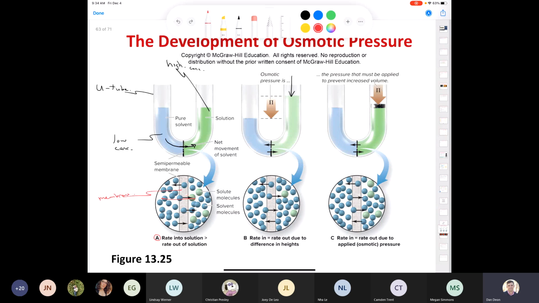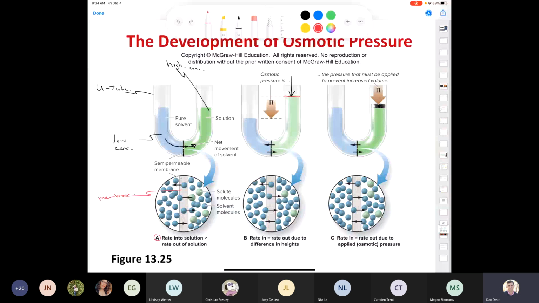Once the height of the solution gets to a certain height, and you can see how it's more dilute now, it's going to reach a height where an equilibrium is established, and the rate of the solvent particles moving either way across the membrane is going to be equal. That's equal to the osmotic pressure.